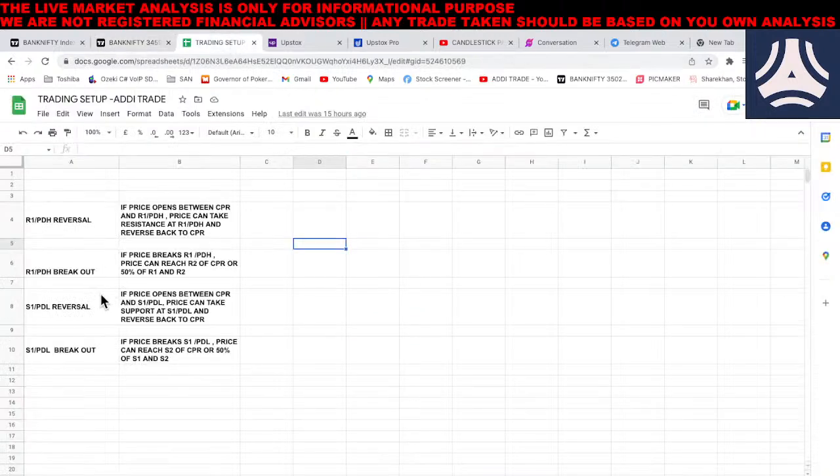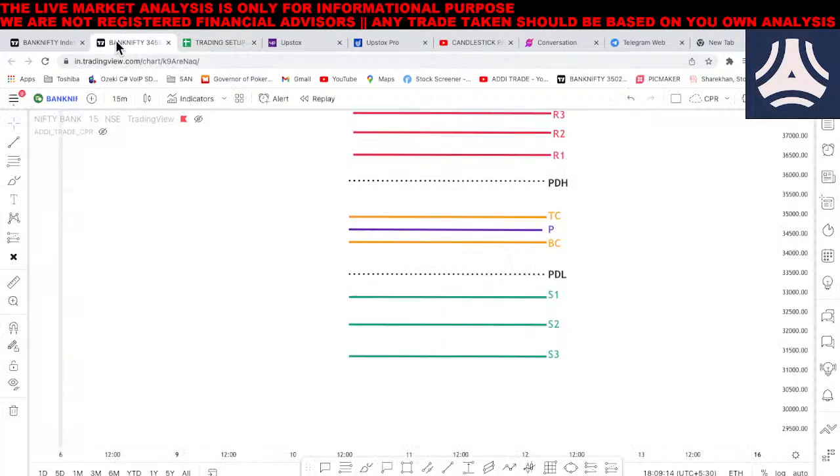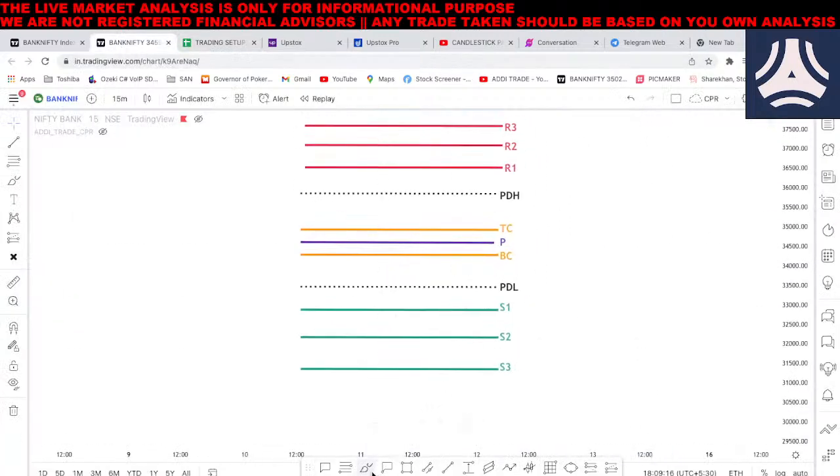Now the third setup that I have is if the price opens between the CPR and S1 or the previous day low, the price can take support at S1 and the previous day low and reverse back to the CPR. This is kind of opposite of the first setup that we saw. So this is the CPR, right?